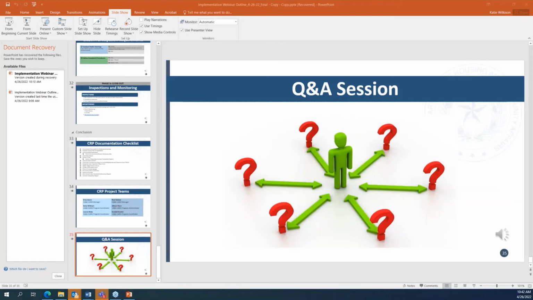And then later we'll be doing a drawdown webinar to explain how you'll do those drawdowns in our contract system. Yes, we will be having another workshop just on submitting your draw request via the housing contract system. So look for that in the next 3 to 4 weeks.